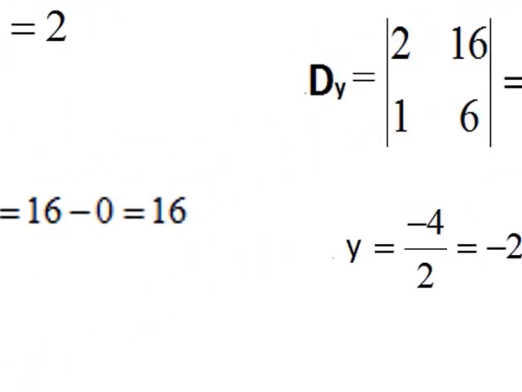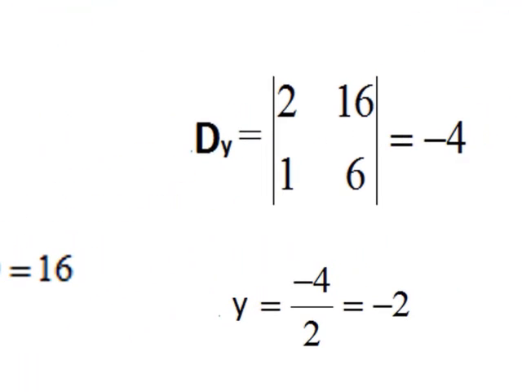Now to get our y, we have to look for the determinant of y, which is 2, 16, 1, 6. The second column has been replaced with the constant column. We now multiply and find the product of the leading diagonal, which is 6 times 2, 12, minus the product of the other diagonal, which is 1 times 16.